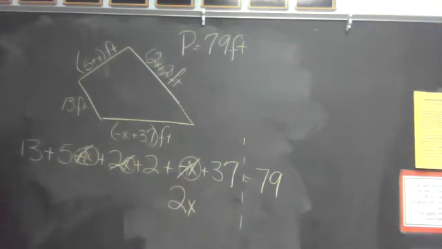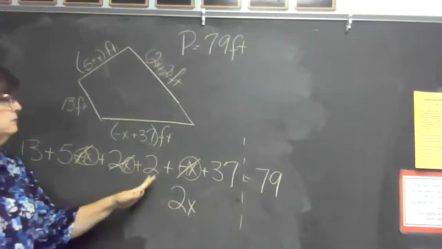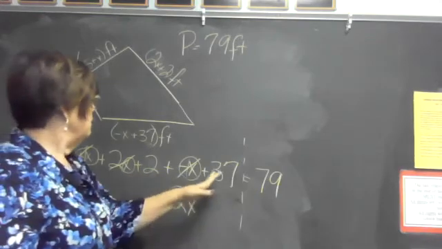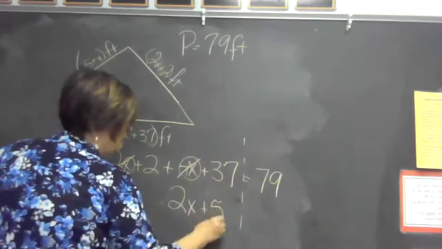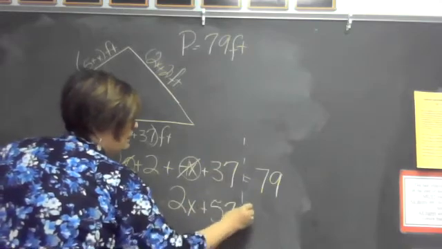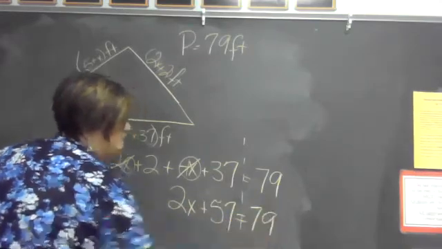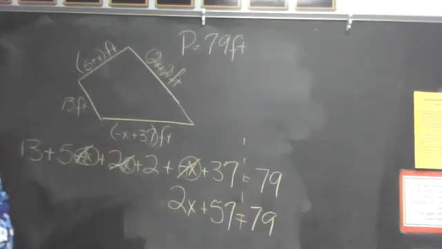Now I have to do the numbers. So I have 13 plus 5 is 18, 19, 20, and 20 plus 37 is 57 equals 79. Okay?